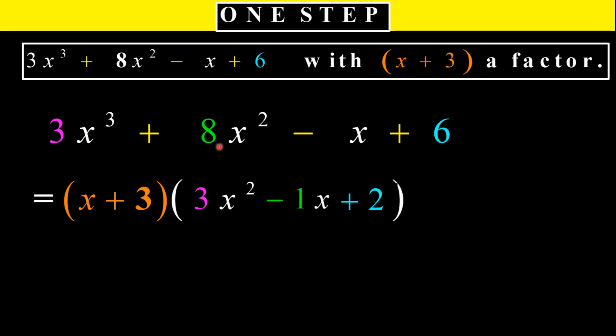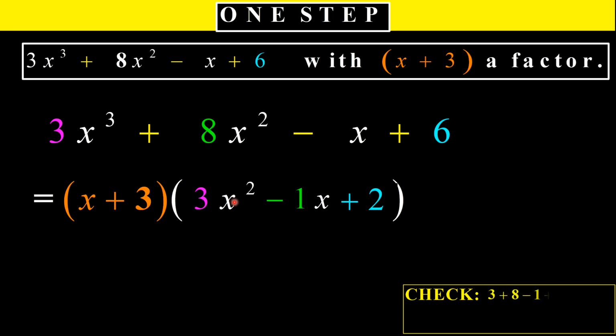So I subtract, and there I found my quadratic expression. Let's check whether that is correct. I've got 3 plus 8 minus 1 plus 6, which is 16. And 1 plus 3 times 3 minus 1 plus 2 also gives me 16. So you can see you can do all of this in one line.